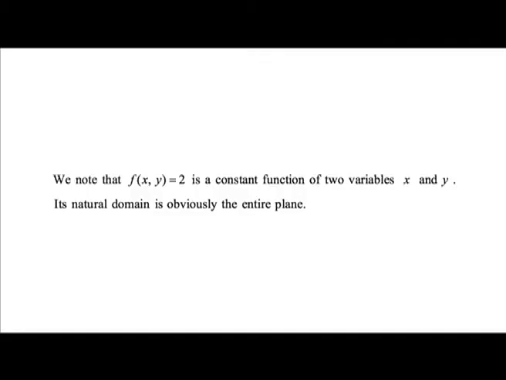We note that f(x, y) = 2 is a constant function of two variables x and y. Its natural domain is obviously the entire plane. Let us graph the function f(x, y) = 2.